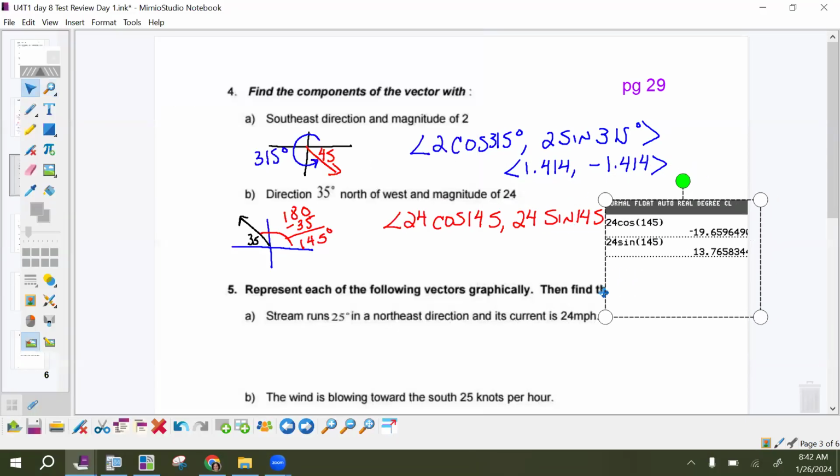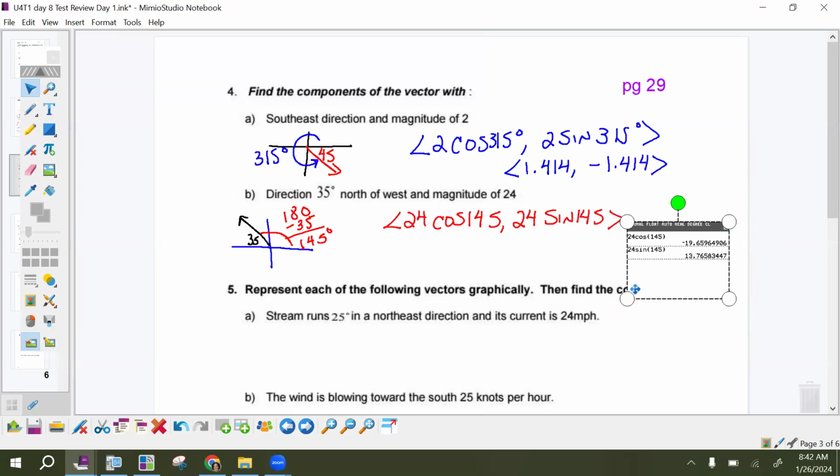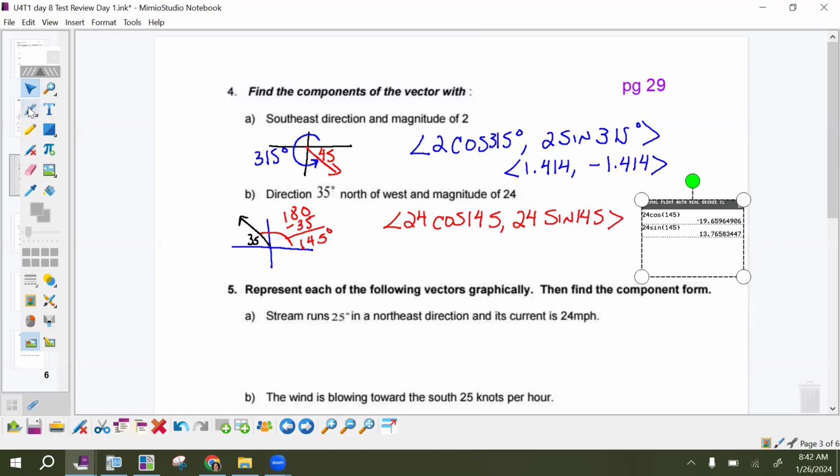All right, so for rounding purposes, this 6 rounds the 9 to a 0. So our answer is going to be negative 19.6665, 0 and 13.766.